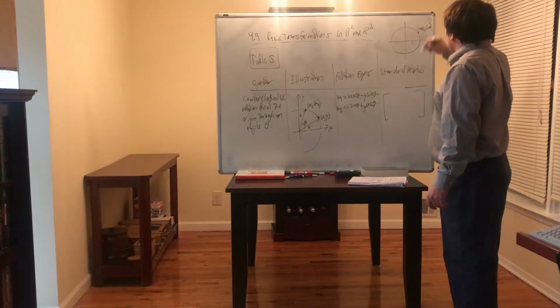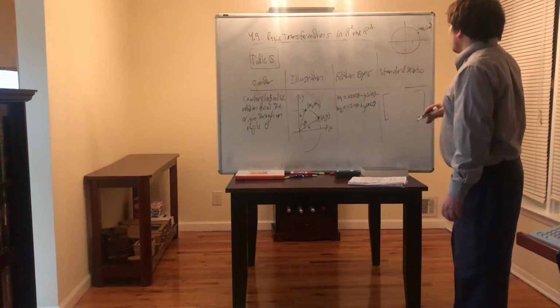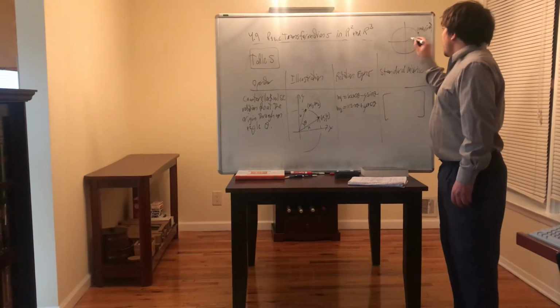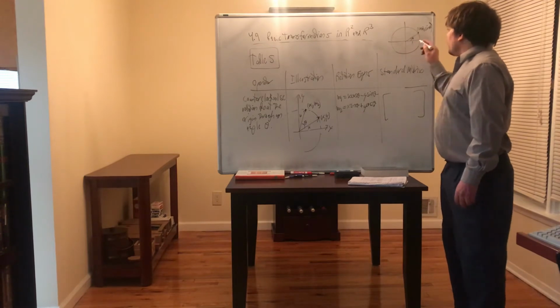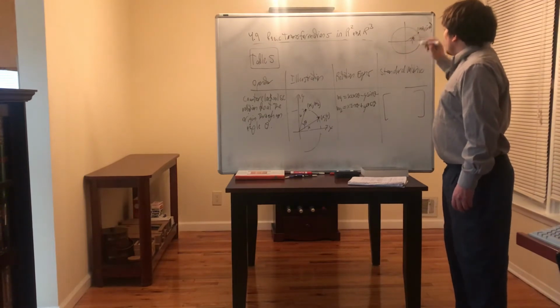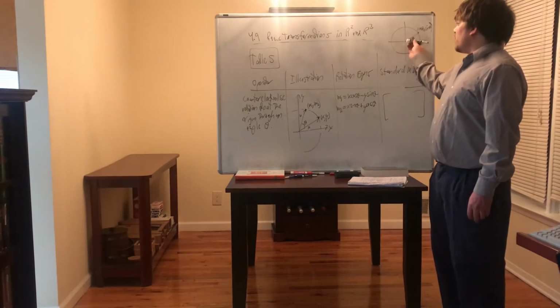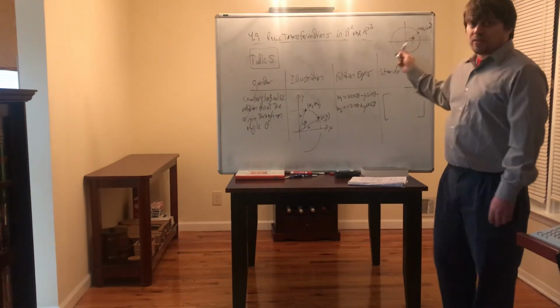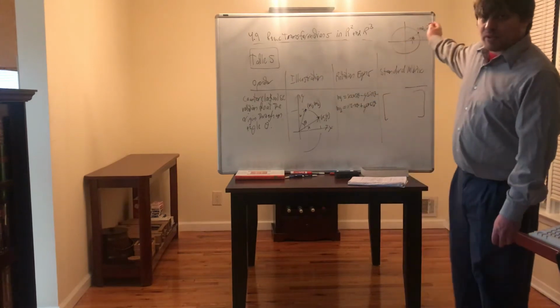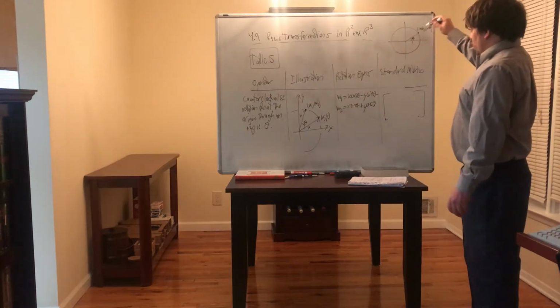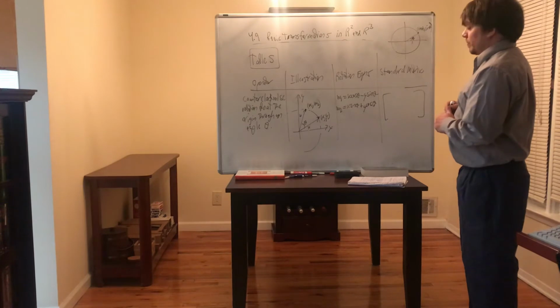Okay, so if you're looking at a point on the unit circle, and theta is the angle, that's not q, that's theta. If theta is the angle between the x-axis and the ray going from the origin to your point on the unit circle, then the coordinates of that point are cosine theta comma sine theta.